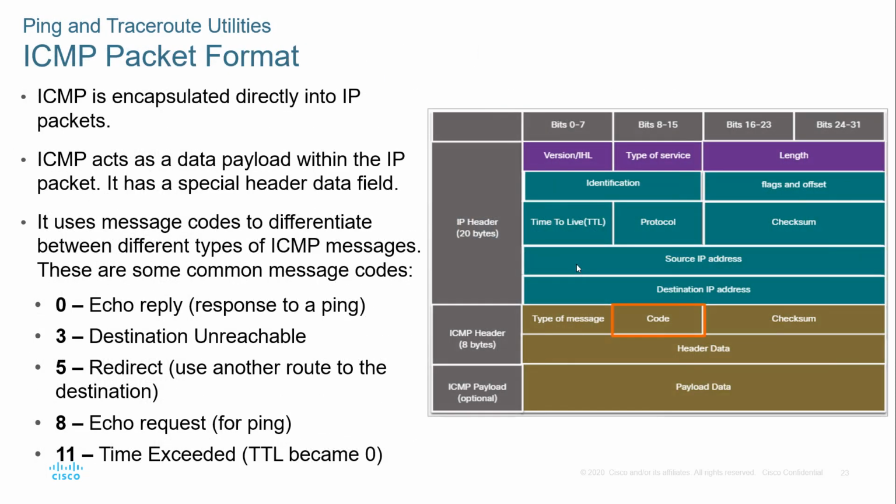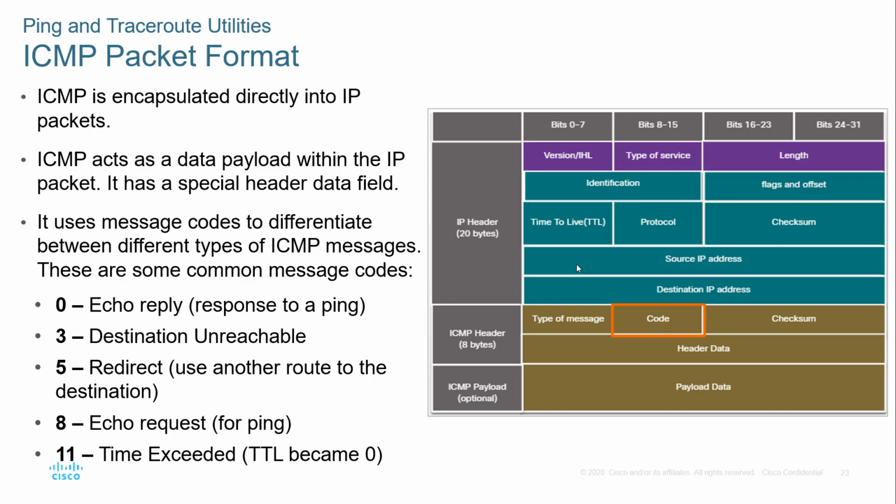So this is an important slide. This covers the packet format for an ICMP packet. You'll notice that we have a version, a type of service, a length, we have a TTL, we have a source and destination, type of message, and we have codes.